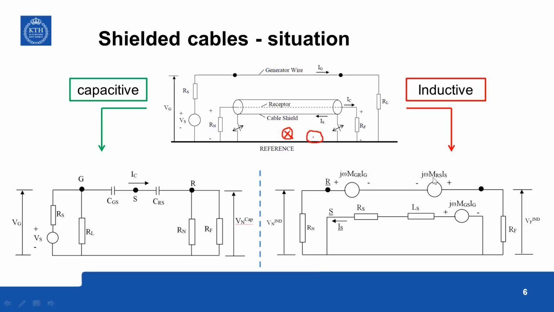And similarly MRS, the mutual inductance between the receptor and the cable shield, since they share the same area, will be equal to the cable self-inductance LS. So MRS can be replaced by this LS. Those simplifications we will see next.